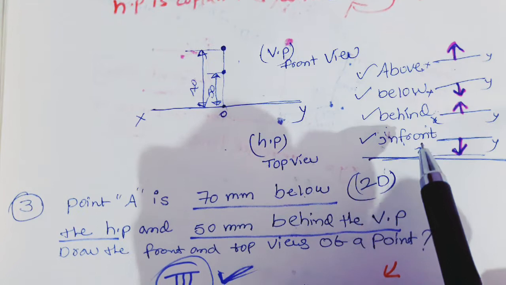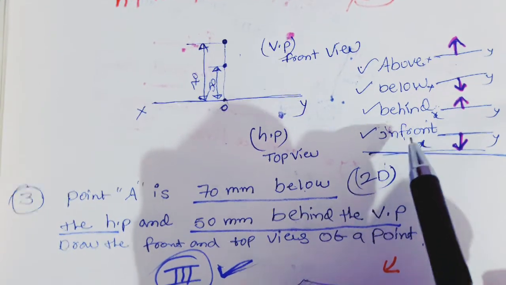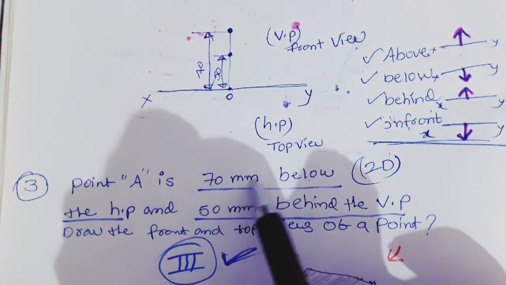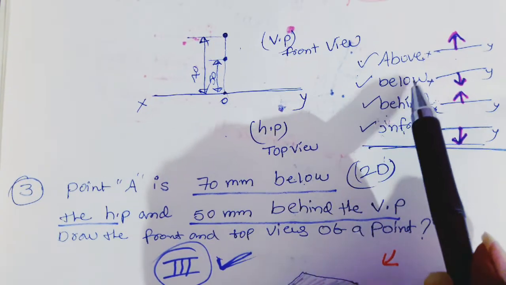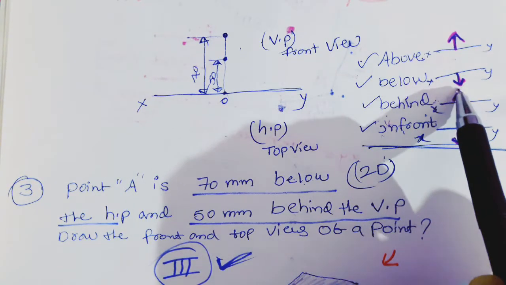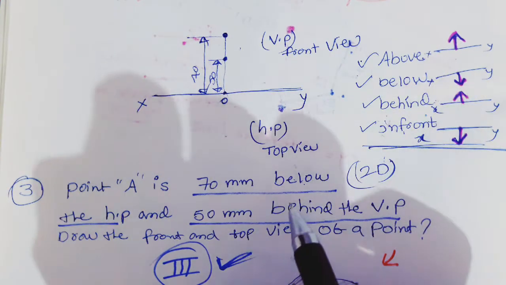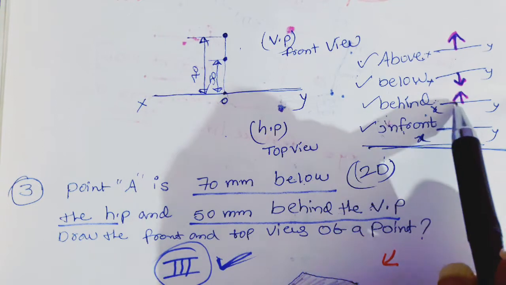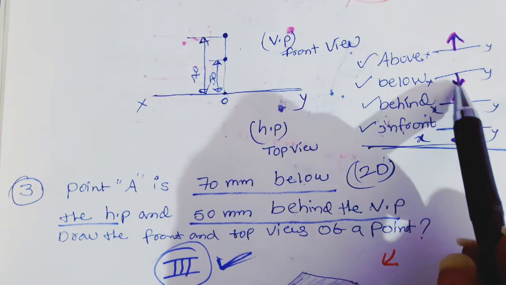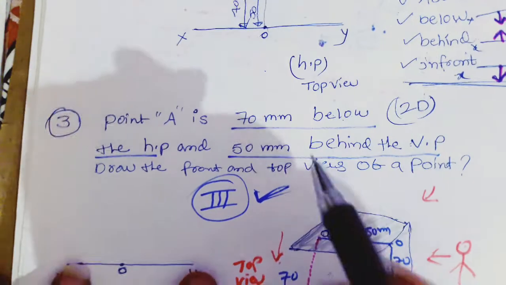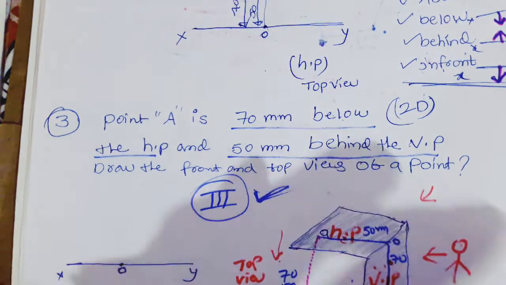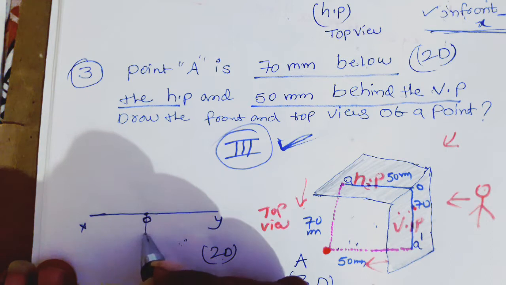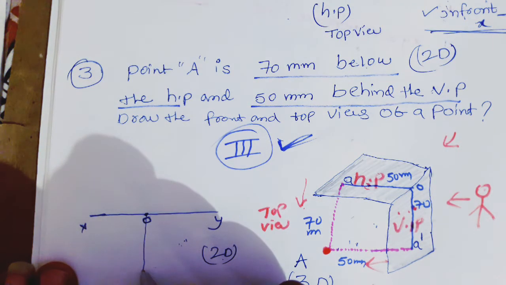See here what solution I have given. 70 mm below HP is nothing but below the XY line you have to show. Behind the VP is nothing but above. See, this is the 70 mm distance from O.